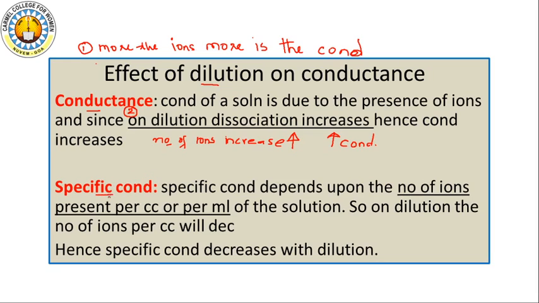Let's see what happens to specific conductance. Specific conductance depends upon the number of ions present per centimeter cube. You remember we have considered this in a cube. The solution which is present in 1 centimeter cube of an electrolyte.